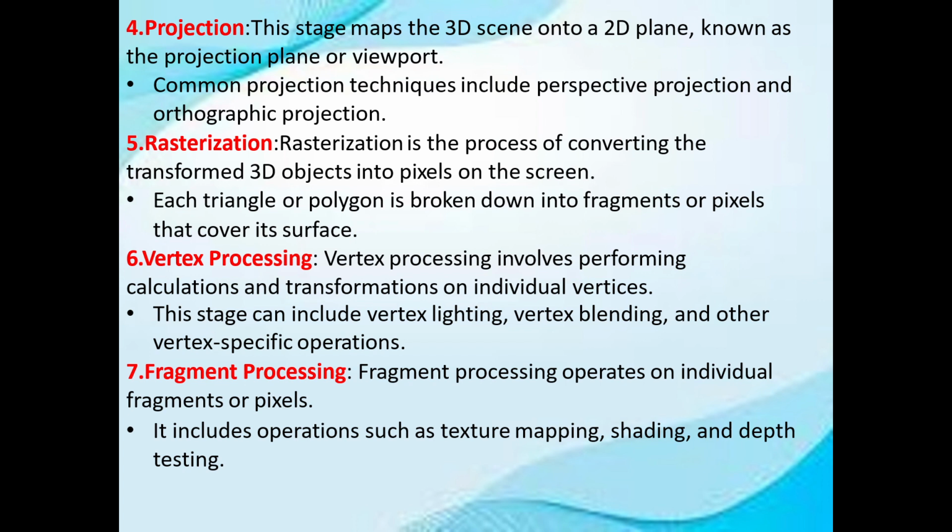This stage can include vertex lighting, vertex blending, and other vertex-specific operations. Fragment processing. Fragment processing operates on individual fragments or pixels. It includes operations such as texture mapping, shading, and depth testing.